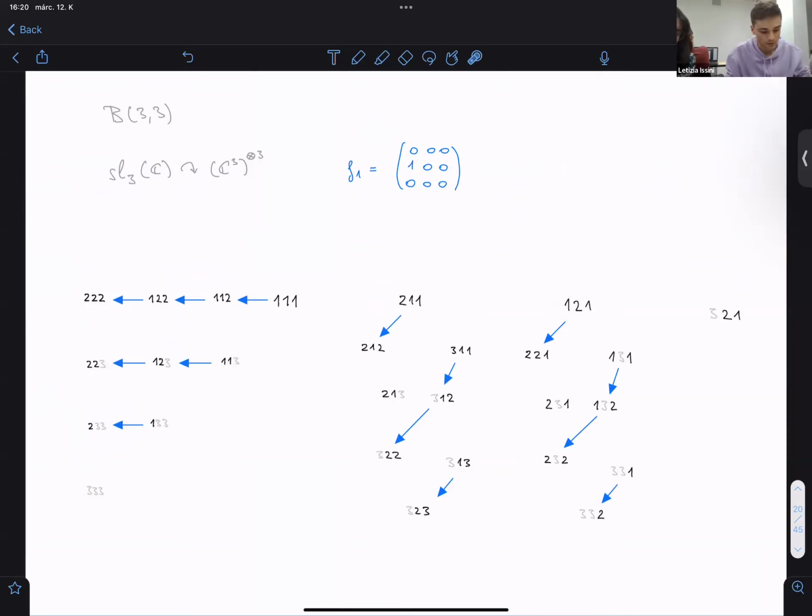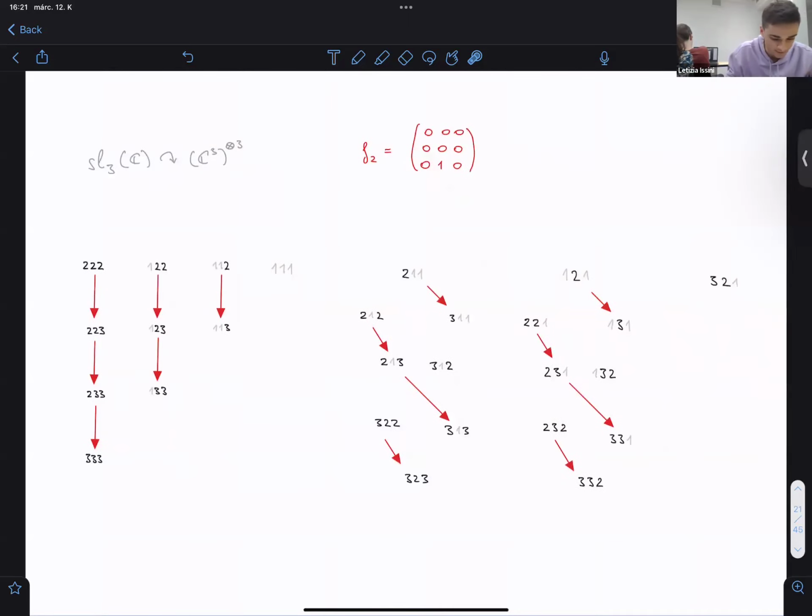And the whole picture will correspond to the action of SL3C on the threefold tensor product of C3. That's quite a tongue twister. And the blue arrows will correspond to the action of the first Chevalley generator in SL3.